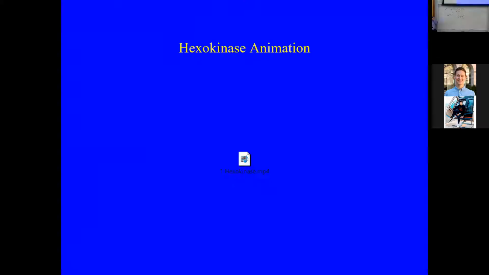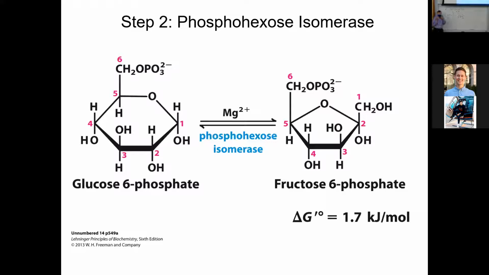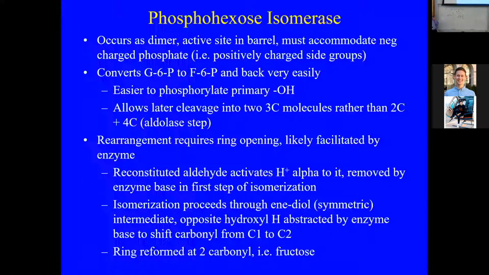Step number 2 is an isomerase reaction where we convert our glucose 6-phosphate into fructose 6-phosphate. This requires only the movement or the repositioning of the carbonyl from carbon 1 to carbon 2.